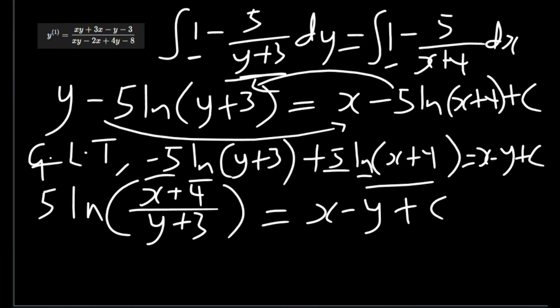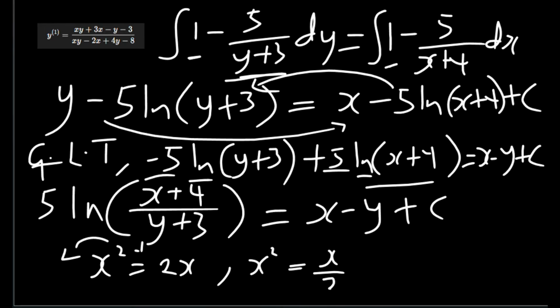Good. So we want to make x and then y stand alone, right? So we ignore the ln there. But what we do first is we have to multiply through by the exponentiation. Yes, and then I said here that when you are differentiating, it is the opposite form of integration. So with that in mind, the 5 in front of the ln goes to the power of the brackets.